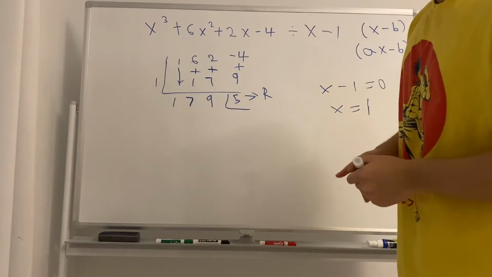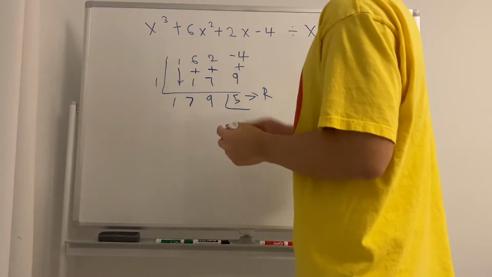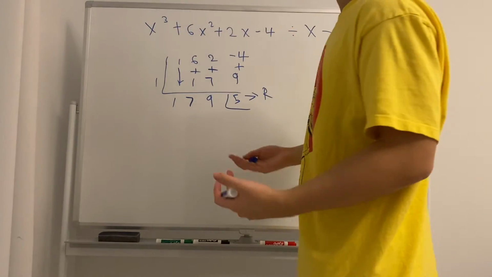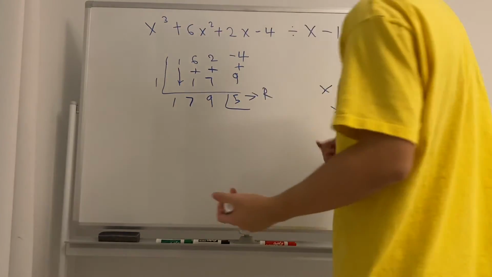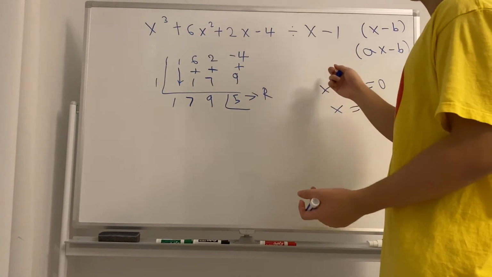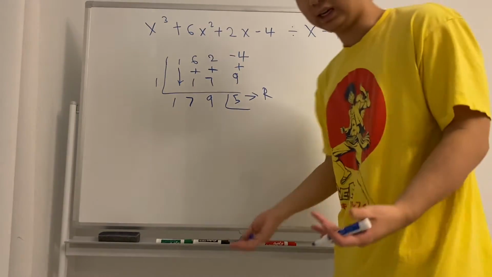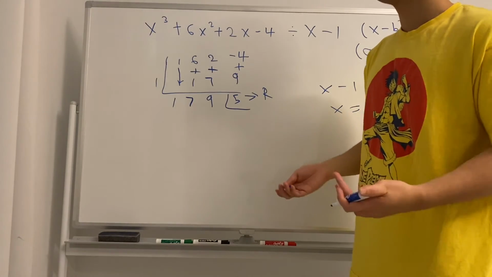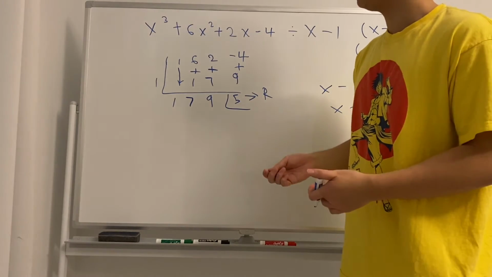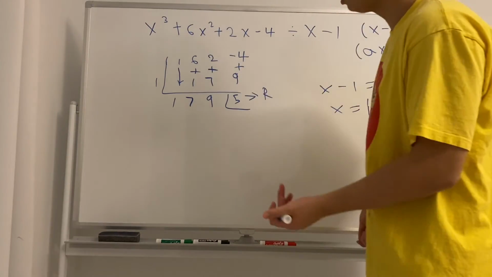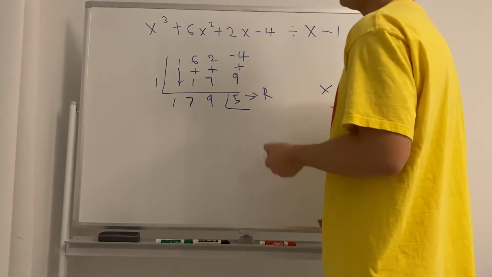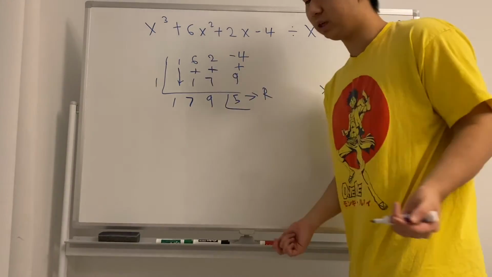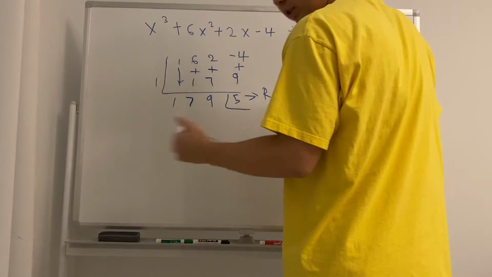Now, notice how this has a degree of 3, but we're dividing it by something that has a degree of 1. If you remember, there's a rule where if you're dividing and the bases are the same, you subtract the exponents. It's easier if I show it.